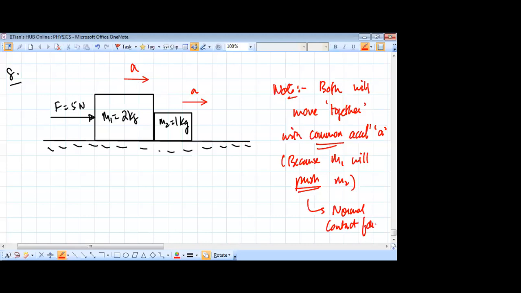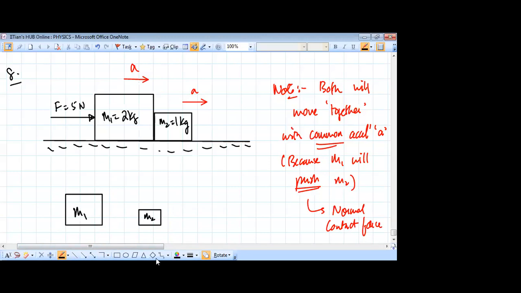So when you think of a free body diagram, just to illustrate, I will actually show them as blocks, but ideally a free body diagram should just be shown as a particle, but anyway, it doesn't matter. So M1 and M2.